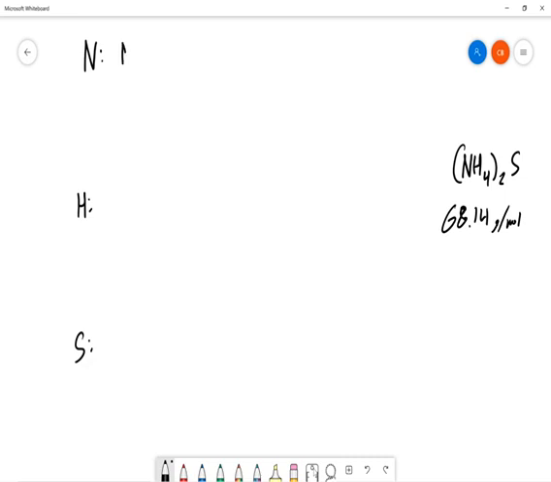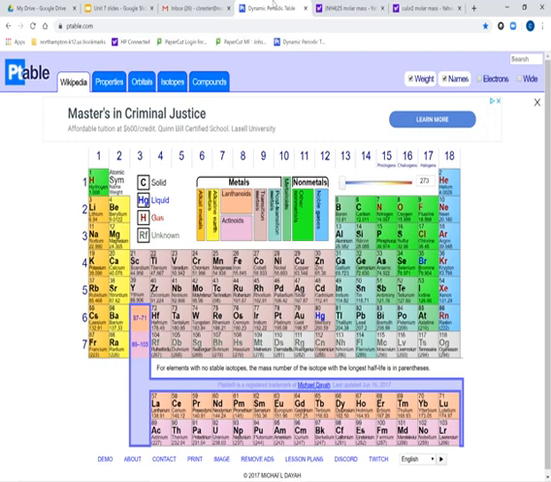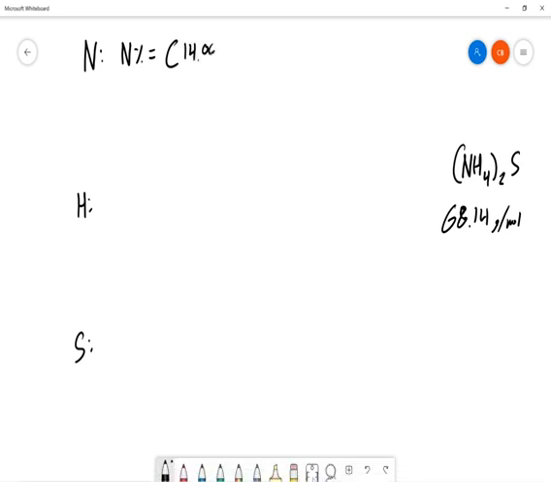Nitrogen's percentage we'll start off with first. That is equal to the mass of nitrogen, 14.007, I think. I want to double check. Yep, 14.007 multiplied by 2, right?